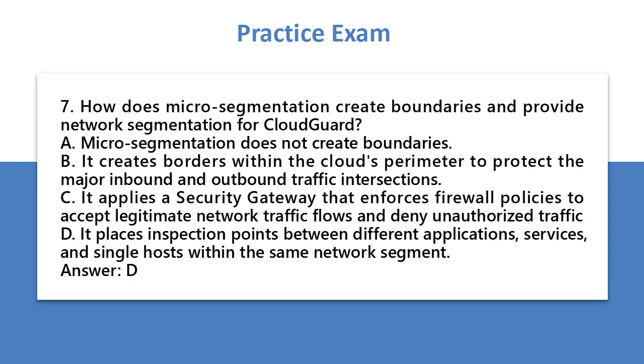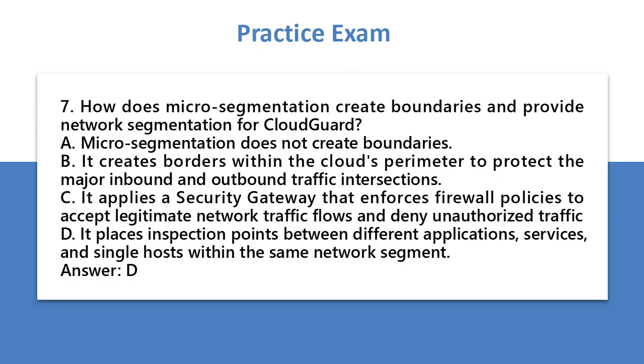7. How does microsegmentation create boundaries and provide network segmentation for CloudGuard? A. Microsegmentation does not create boundaries. B. It creates borders within the cloud's perimeter to protect the major inbound and outbound traffic intersections.